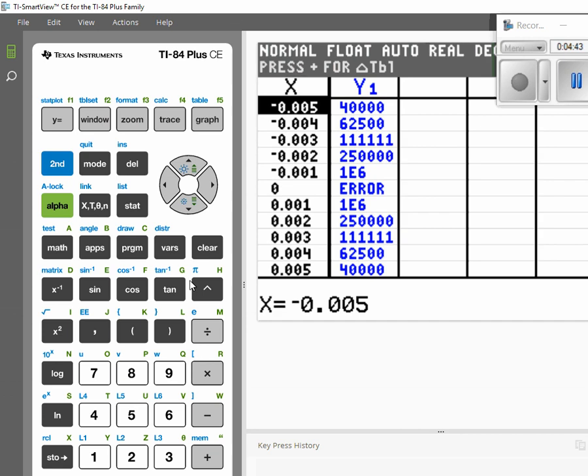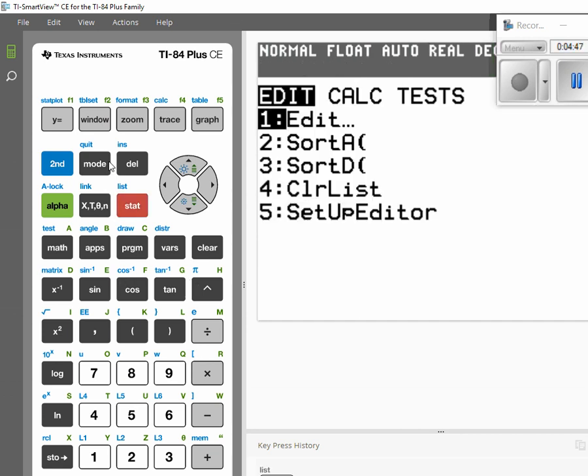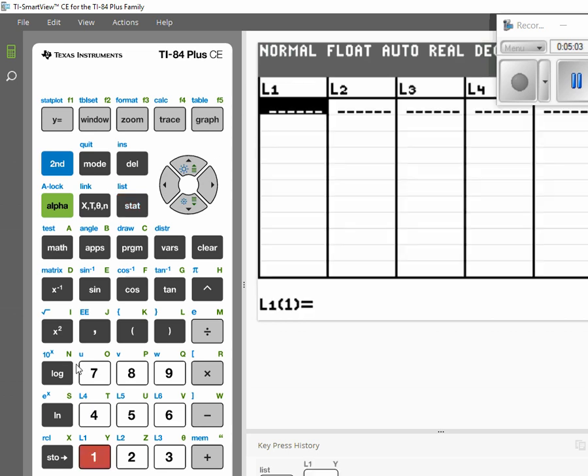Okay, so the first thing we're going to do is go to Stat. By the way, if you get lost in my keystrokes, look at the bottom, and then you can see where I was. So I pressed Stat first. Then I went to Edit, number 1. And does anybody have anything in their lists right now?